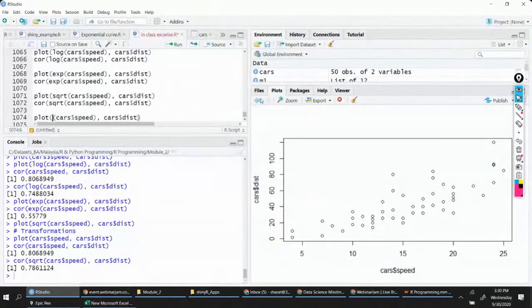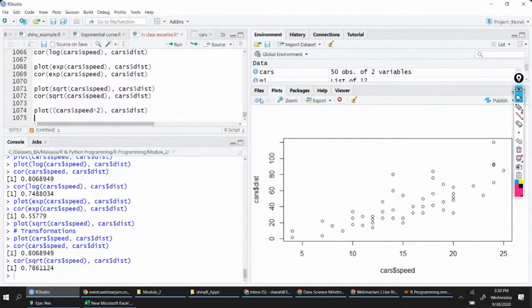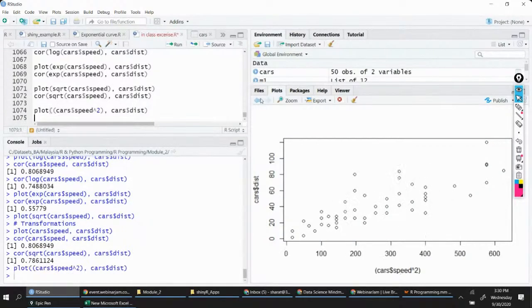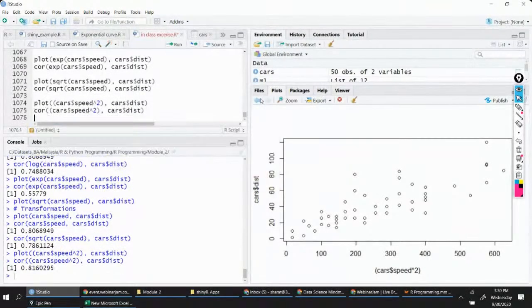How about taking square? So square can be put as multiplied by the same value, or you can put the cap symbol and 2. Okay, it's giving us a probably better scenario. Look at this.